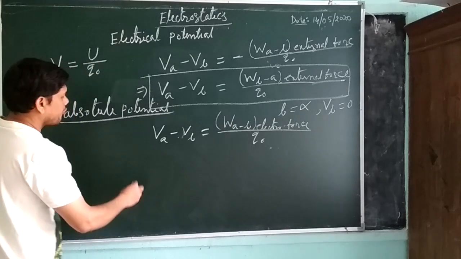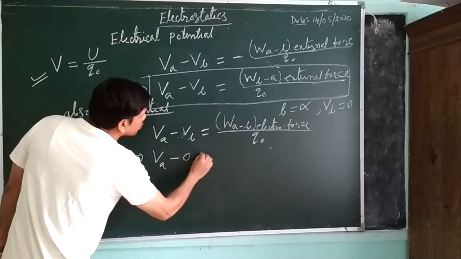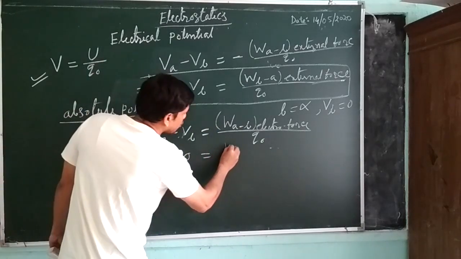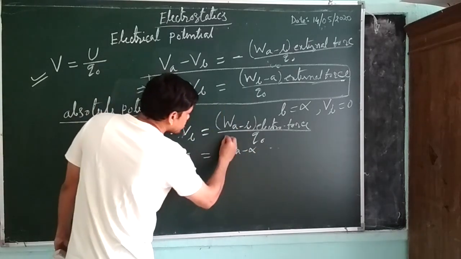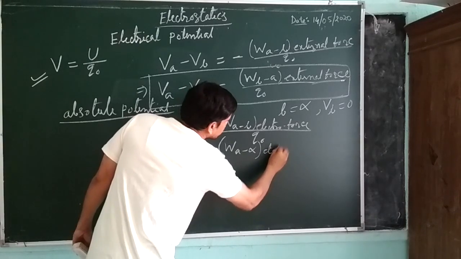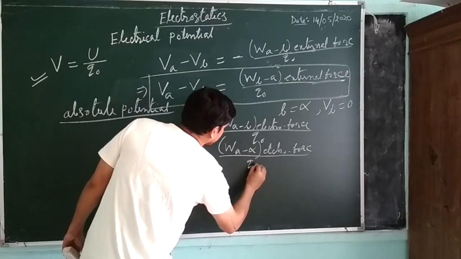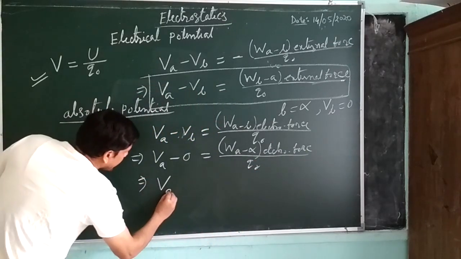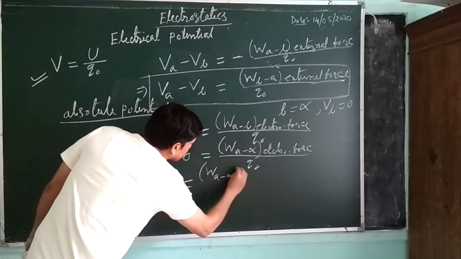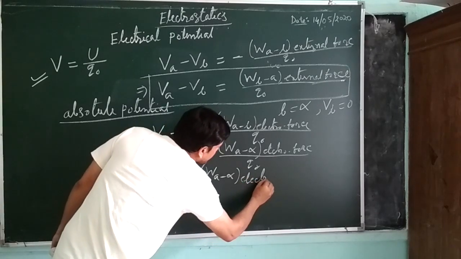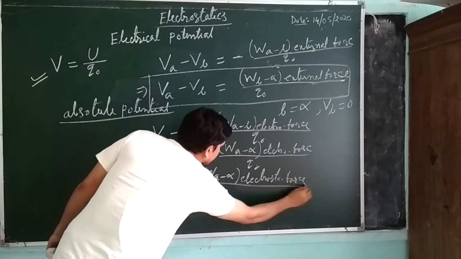Putting that value, VA minus 0 equals W A to infinity, the work done due to electrostatic force, by Q naught, or VA equals W A to infinity by Q naught.